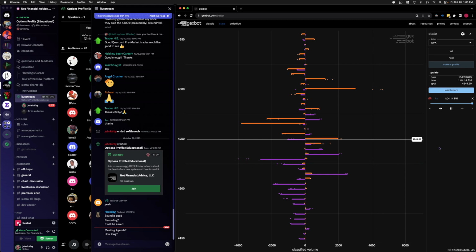In any case, what we're doing with options profile, which is pretty simple, is we're using an algorithm to classify incoming volume. So we're thinking about time and sales here as either bought or sold. For every single transaction that comes through, we're saying whether we think it was a buy or a sell.